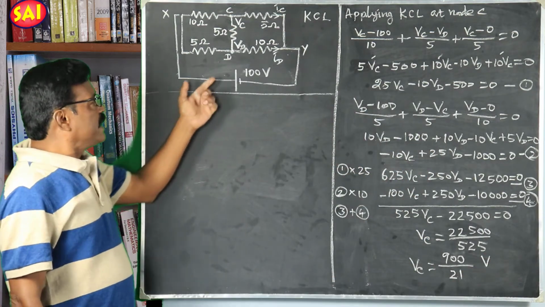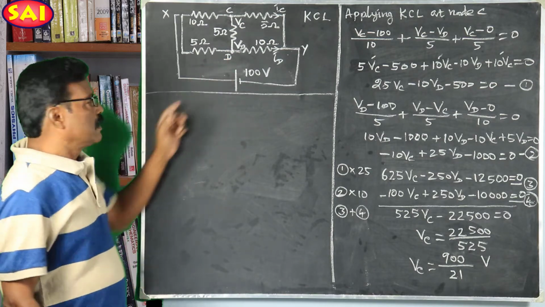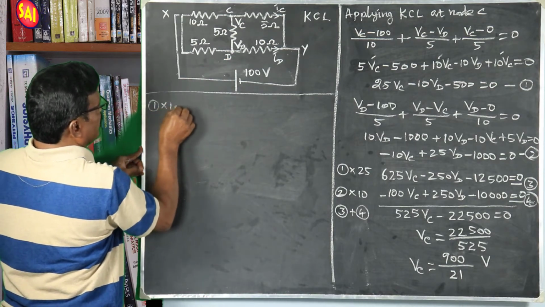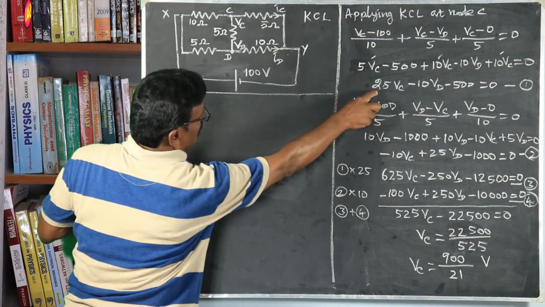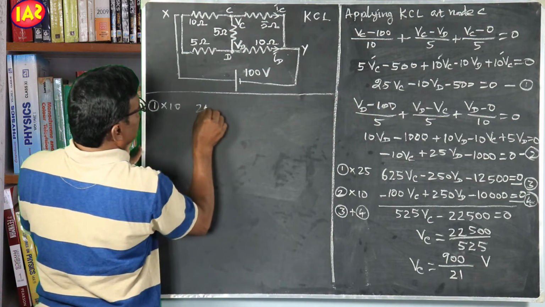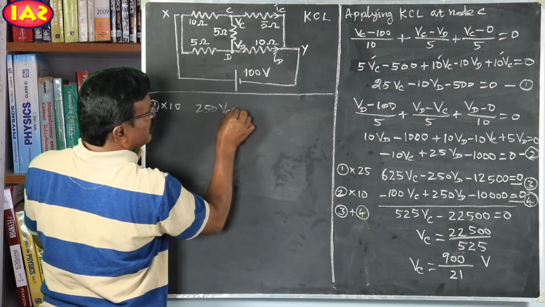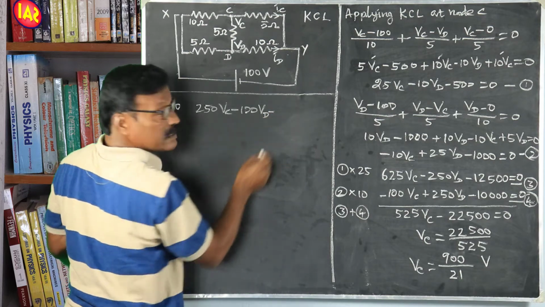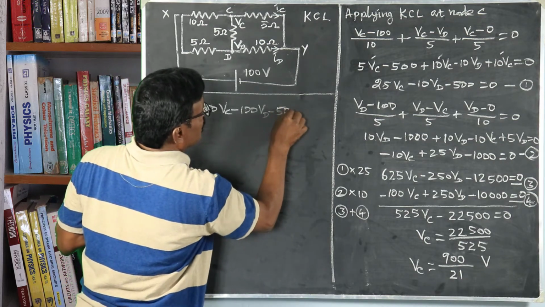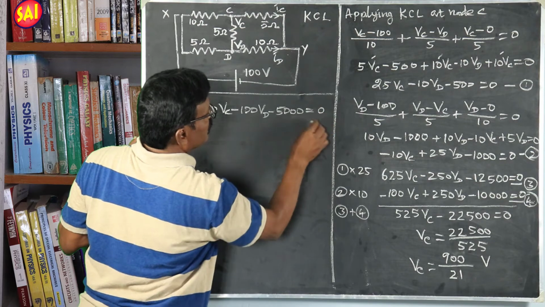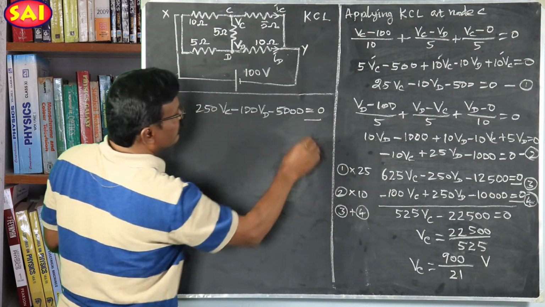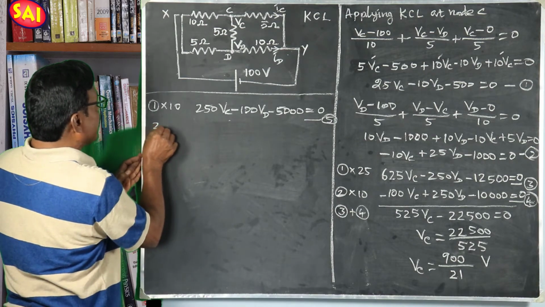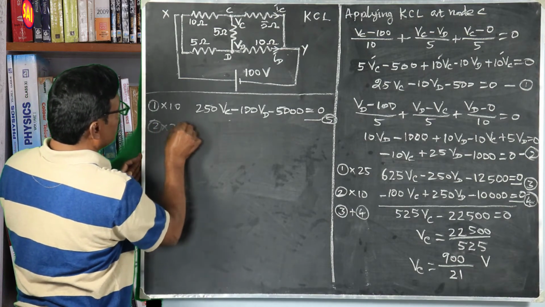Now let us calculate the potential at D. For that, multiply equation 1 by 10. That will give 25 into 10, that will be 250 VC minus 100 VD minus 5000 equal to 0. Let it be equation 5. Now multiply equation 2 by 25.